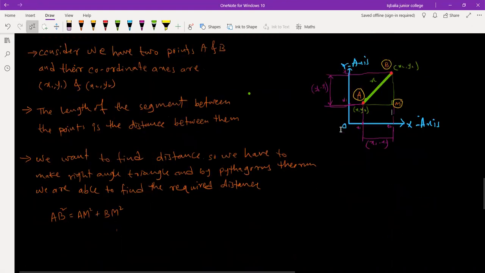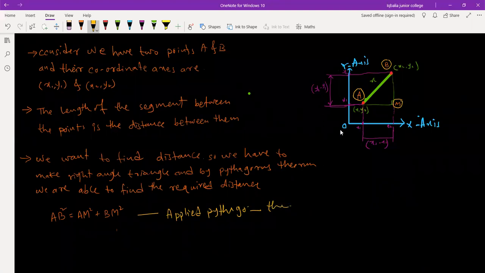Now, as I said, if we want to find the distance between A and B, I have to make a right angle triangle and use Pythagoras theorem. So here AB square is equal to AM square plus BM square.